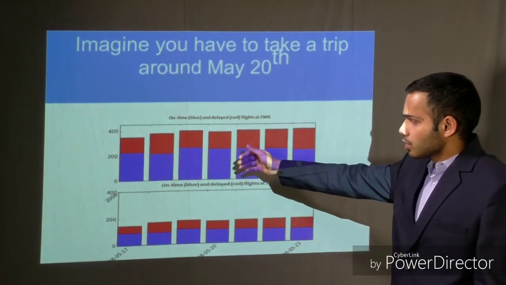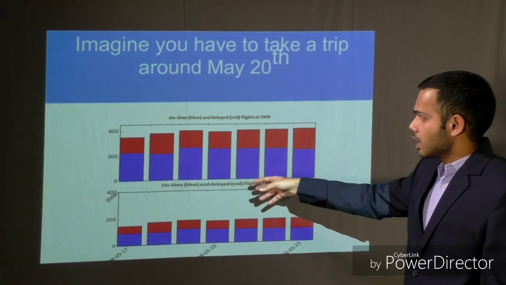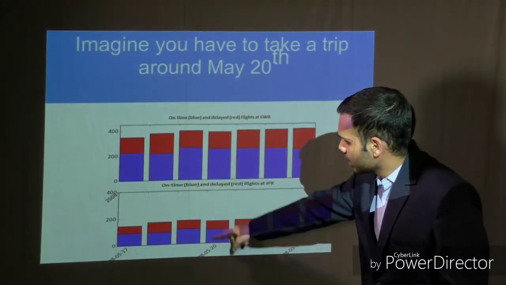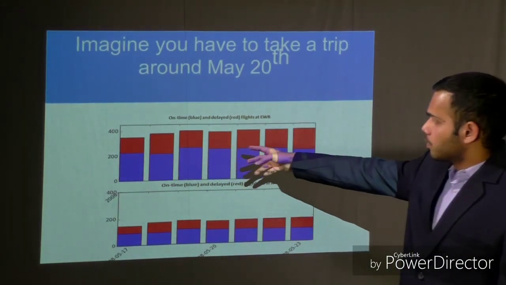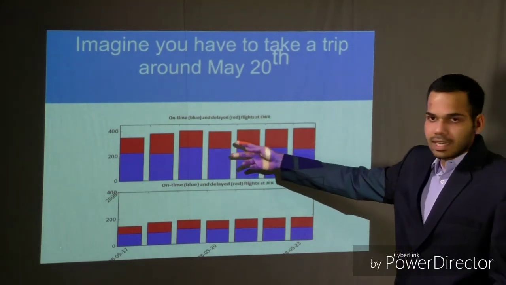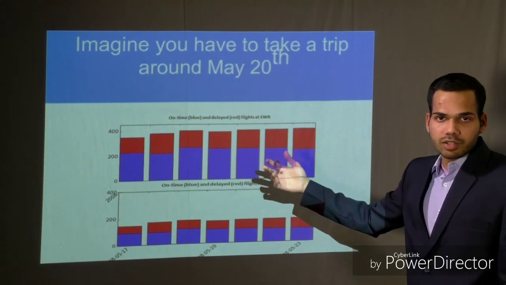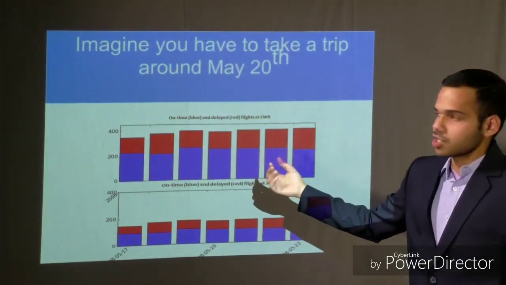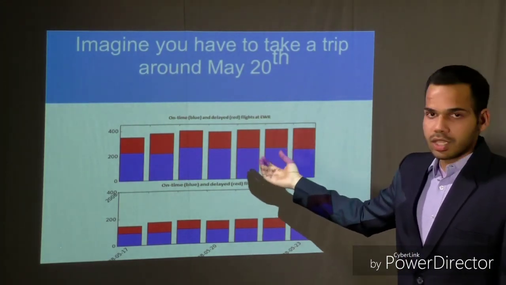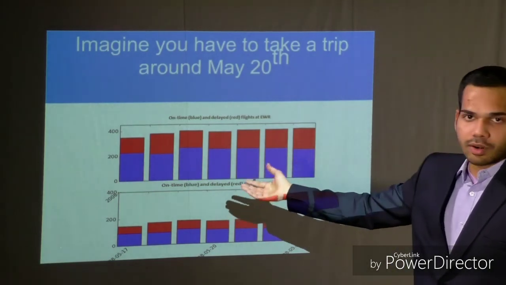And for specific dates, we can see that for 20th and 19th, the probability of the flight getting delayed is much lower. So our model would suggest the user of this application to move ahead with booking tickets on either 20th or 19th of May.